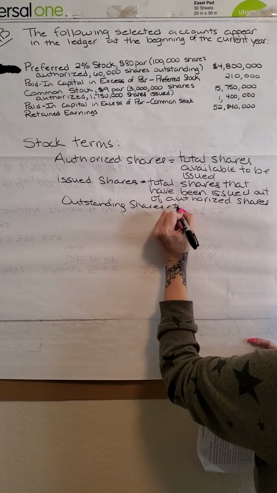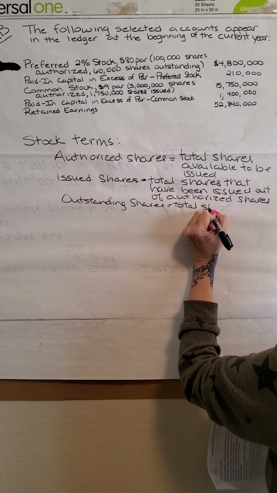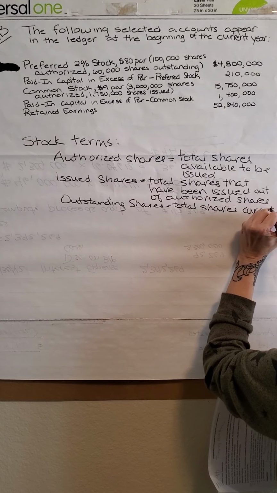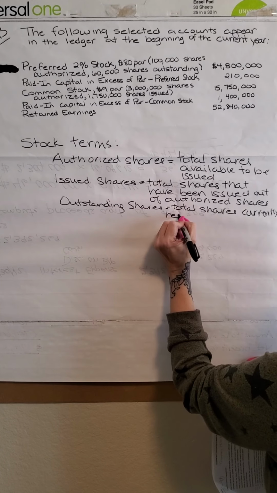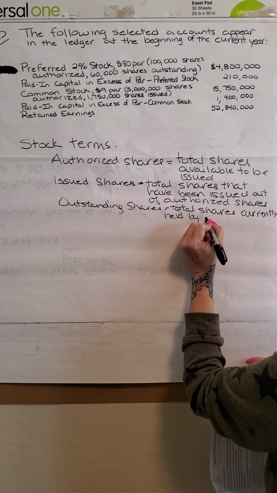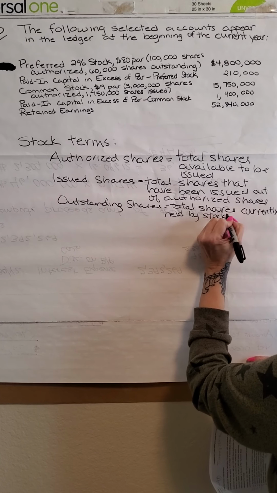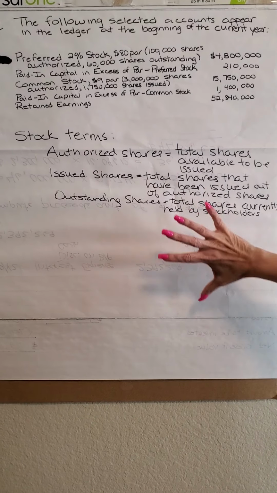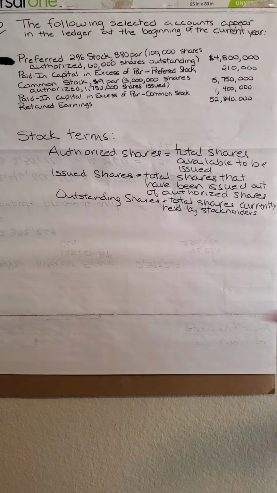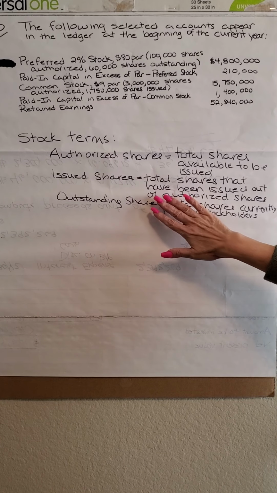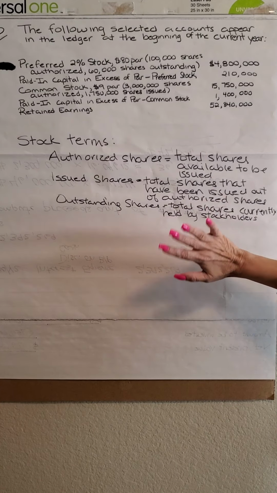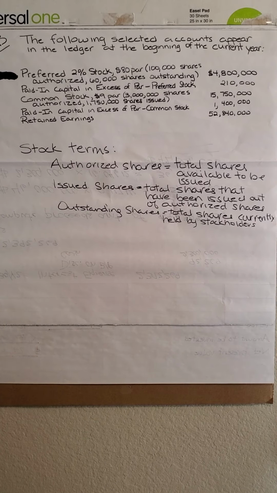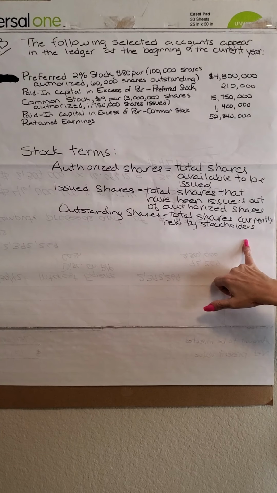Those are total shares currently held by stockholders. So you have a big giant piece of pie that would be all of your authorized shares. Then the issued shares will be all the shares that have been sold to our investors, owners. And then outstanding shares are shares that are currently held by stockholders.